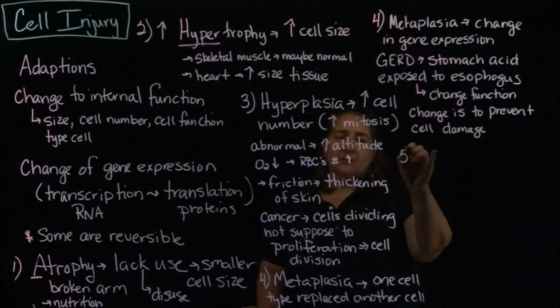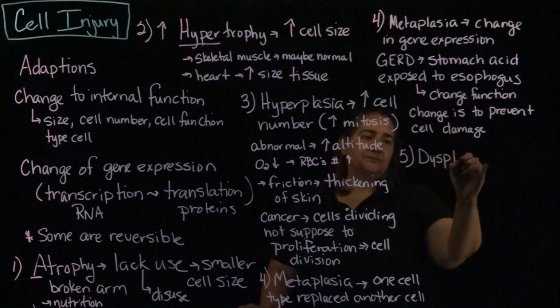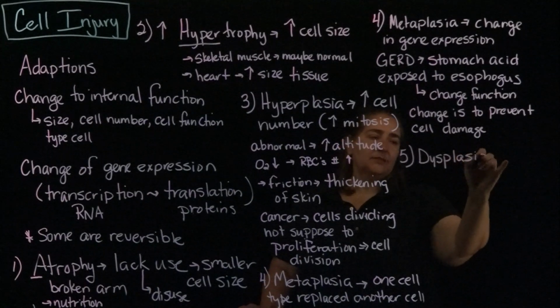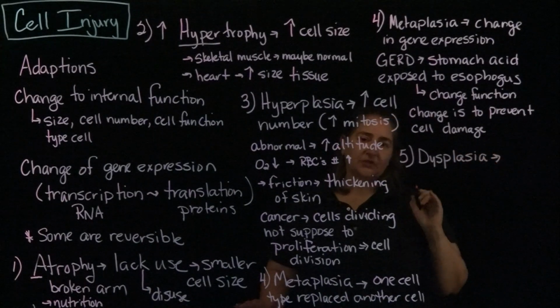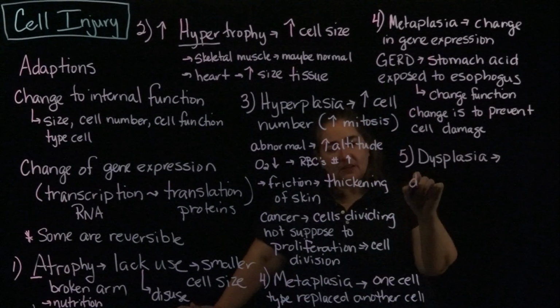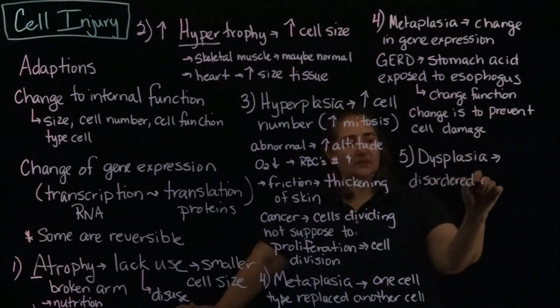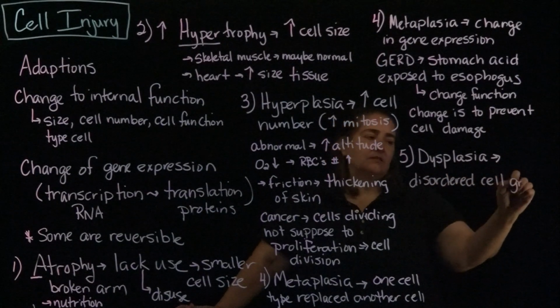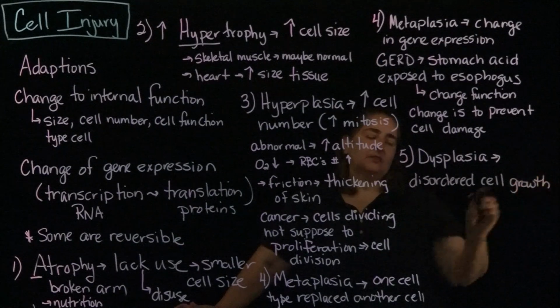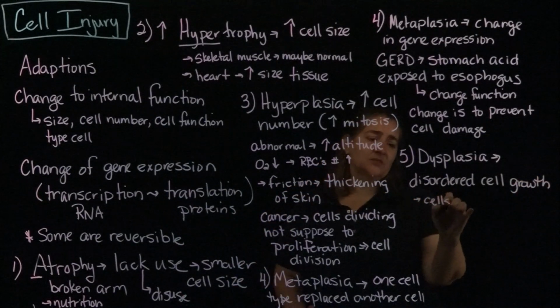Last one, and I know this video is a little bit longer than some of the others, and I'm talking a lot, but that's okay. With dysplasia, this one, you've got disordered cell growth, okay? So what you may have are cells piling up.